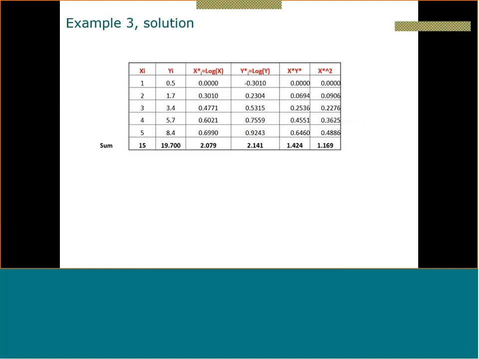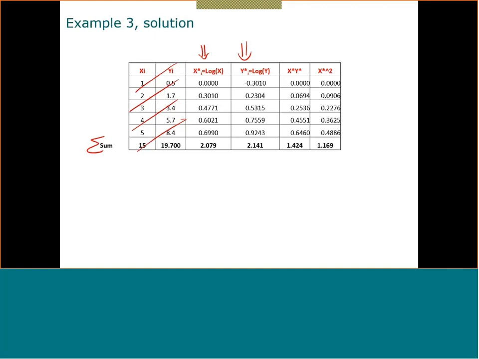Now this is my new x and this is my new y for the linearized model. Then I multiply x times y, so multiply this times this, and take the x squared, and at the end here we have the summation. I'm summing all of these values. So here, for example, 0.301, etc. This is the value of the summation, and this is the value of everything.